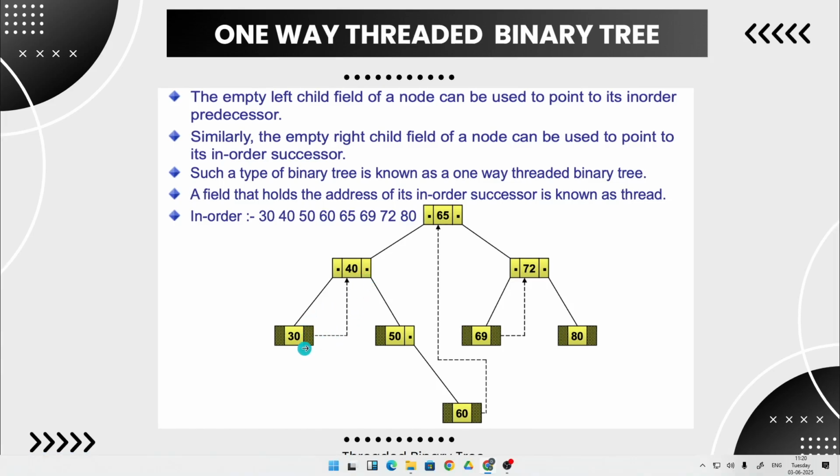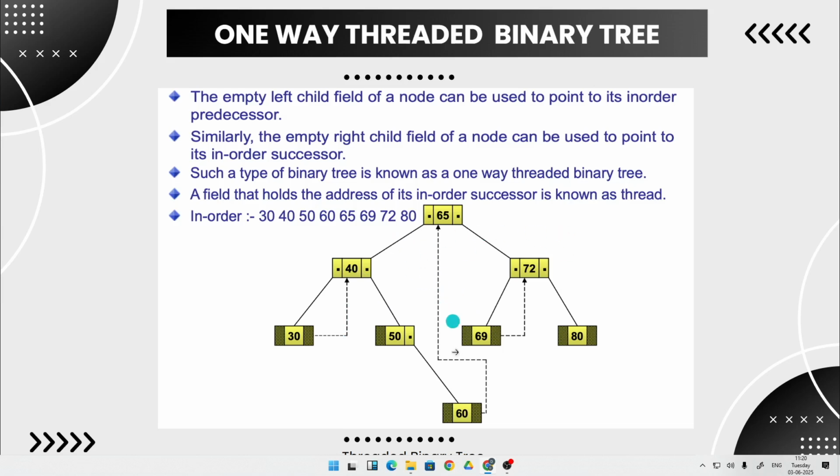So, after visiting 30 in in-order traversal, we may have to backtrack and move to 40. That is what we mean by immediate successor. So, this thread is pointing to its immediate successor, which is 40. Threads are all shown as dotted lines, and thick lines refer to the actual normal pointers, that are pointers to child nodes.